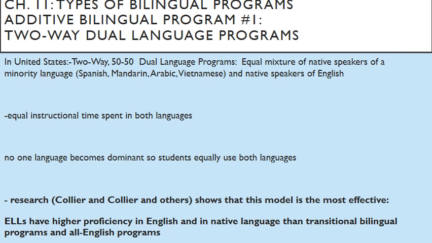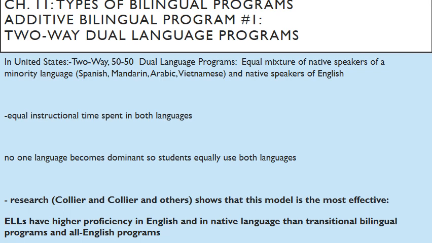One thing to note, and this will be important for your final paper, is that research, including Collier and Collier, which we'll talk about a little later in this chapter, show that this model is the most effective model for both bilingual programs and ESL programs.